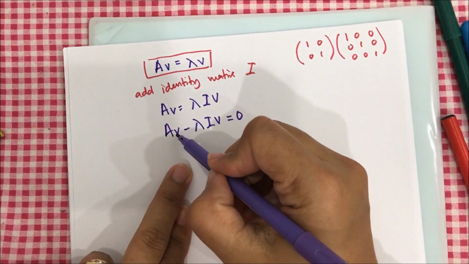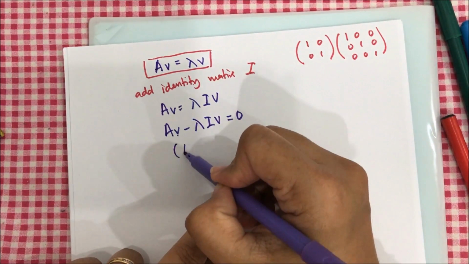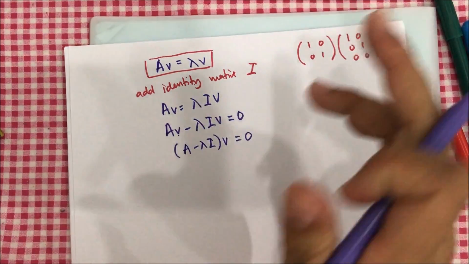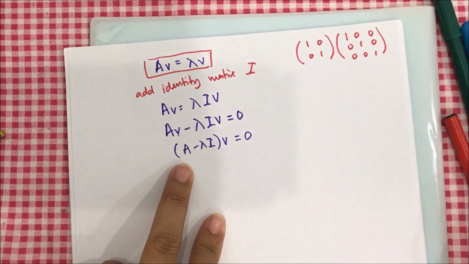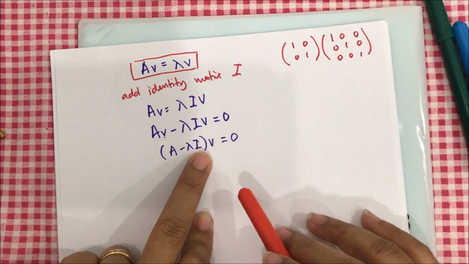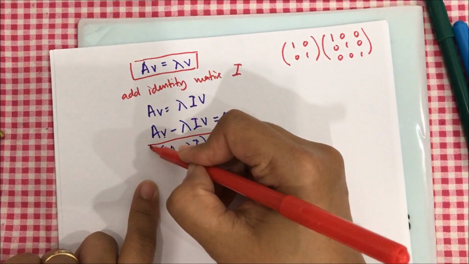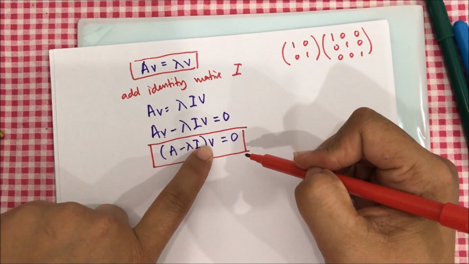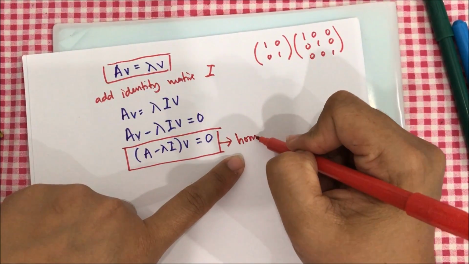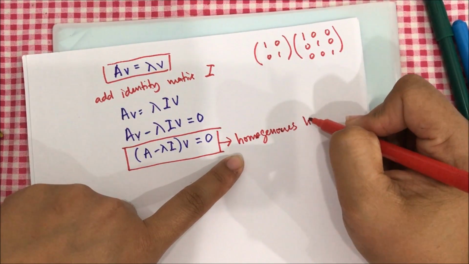Because there is a v eigenvector here and also the same eigenvector there, we put it outside. So we get the matrix A minus the eigenvalue times the identity, the whole thing times the eigenvector, equal to 0. This is a homogeneous linear equation.